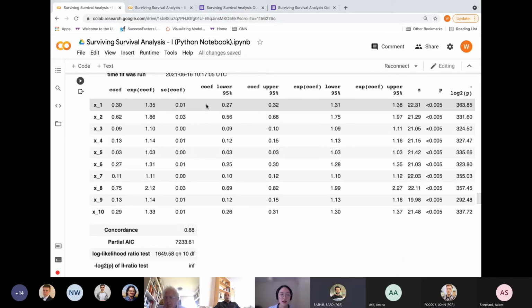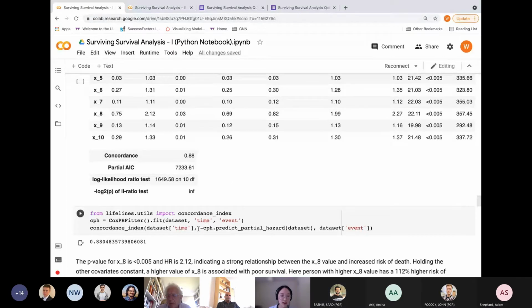You can also get the confidence interval of the regression coefficient, and the confidence interval of the hazard ratio. And you can also get the p-value of each specific feature. We can also get the concordance index, which is 0.88.